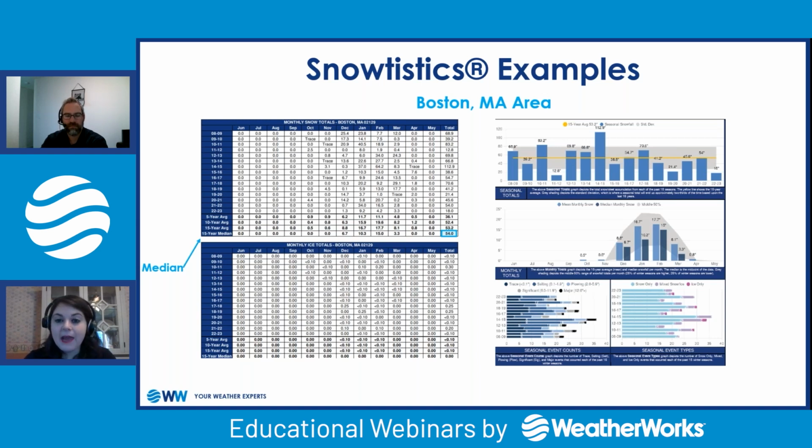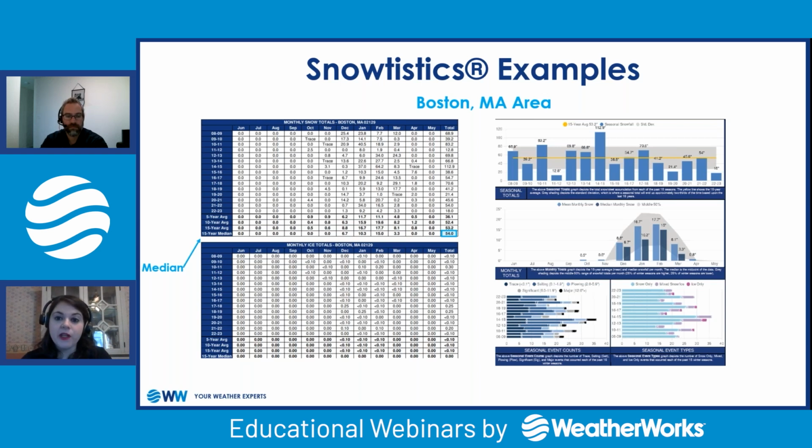And sometimes it can be close to the average. In this case, in Boston, it looks like the 15-year average was 53.2, and then the 15-year median was 54. So relatively close. But again, you can have some data sets that wind up being very different in terms of averages and medians. I've seen 10 or 15 inches difference between an average and a median.